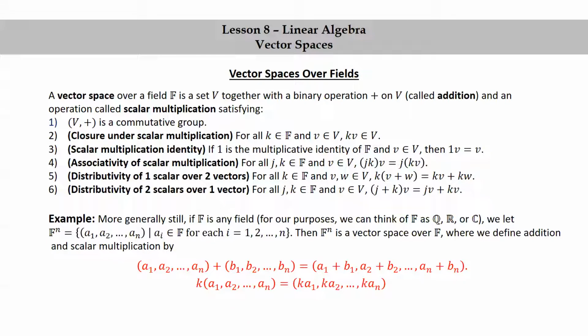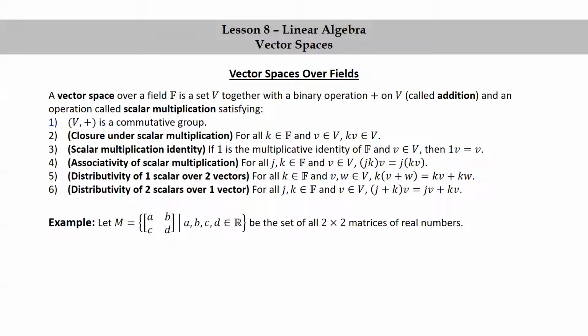Then Fn is a vector space over F, where we define addition and scalar multiplication exactly the same way we did for Rn. (a1 through an) plus (b1 through bn) is (a1 plus b1, a2 plus b2, through an plus bn), and k times (a1 through an) is (ka1, ka2 through kan).